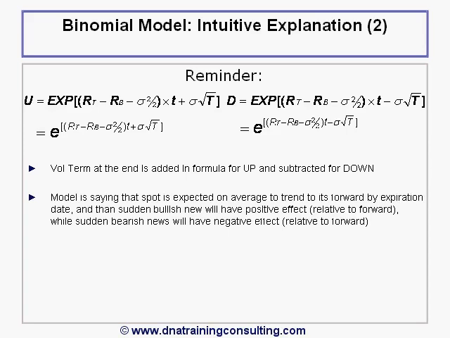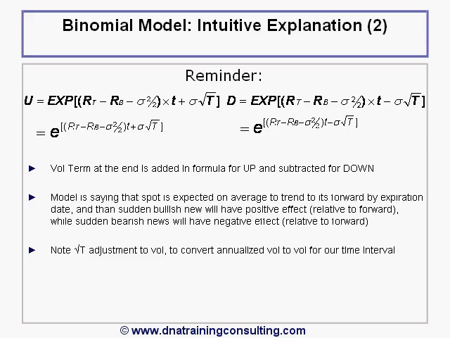Intuitively, what the model is saying is that the spot is expected on average to trend towards its forward by the end of the time interval, but that at any moment in time, bullish or bearish news may come along, and the effect of bullish news would be positive for the currency relative to that forward level, while the impact of bearish news would be negative relative to that forward level.